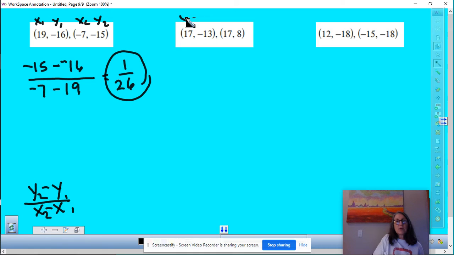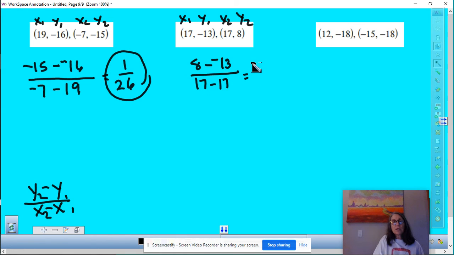All right, so x1, y1, x2, y2. I'll say 8 minus negative 13 over 17 minus 17, which equals positive 21 over 0. Wait, stop right there. 0 in the denominator?